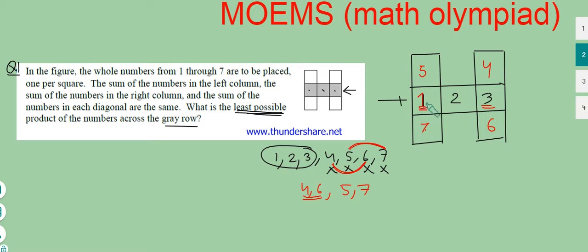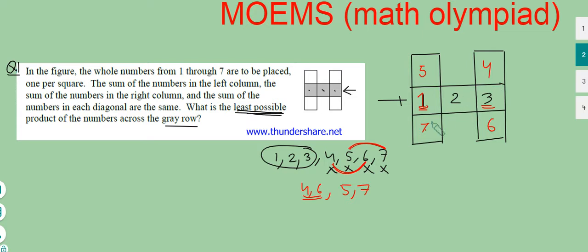So this is as per the question. The sums of both the columns are the same. Now let us check the diagonal ones. 5 plus 6 is 11, plus 2 is 13. 7 plus 4 is also 11, plus 2 is 13.